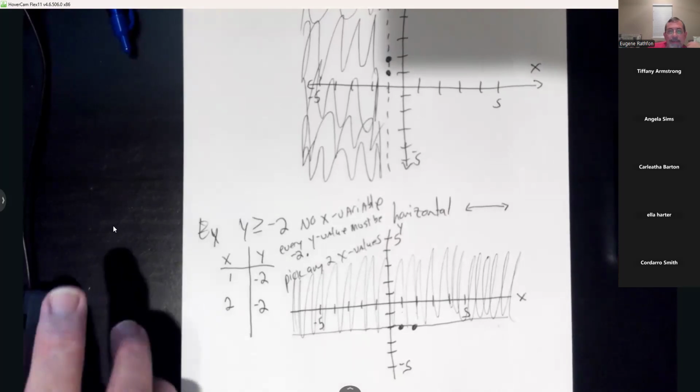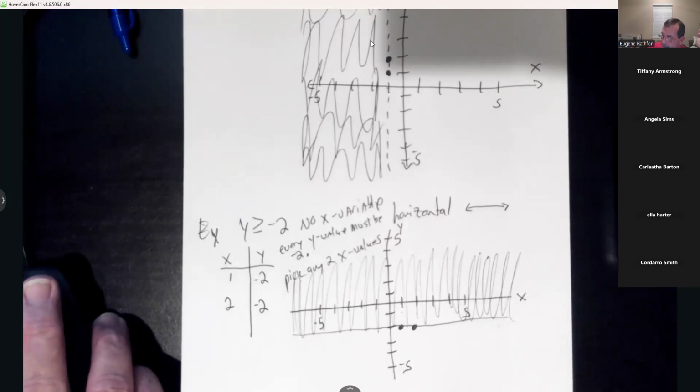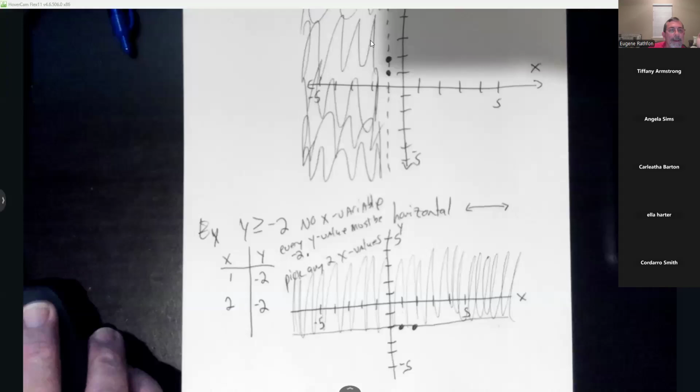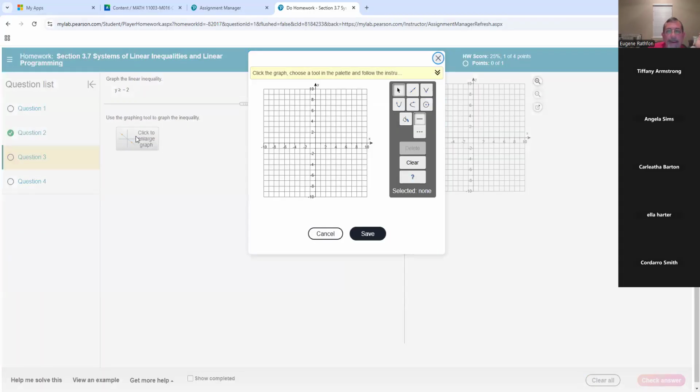And y'all, we'll do this one on MathLab too. So I think, let me go to MathLab. Click to enlarge our graph. It's solid line. It's already solid line by default. So choose my line tool.